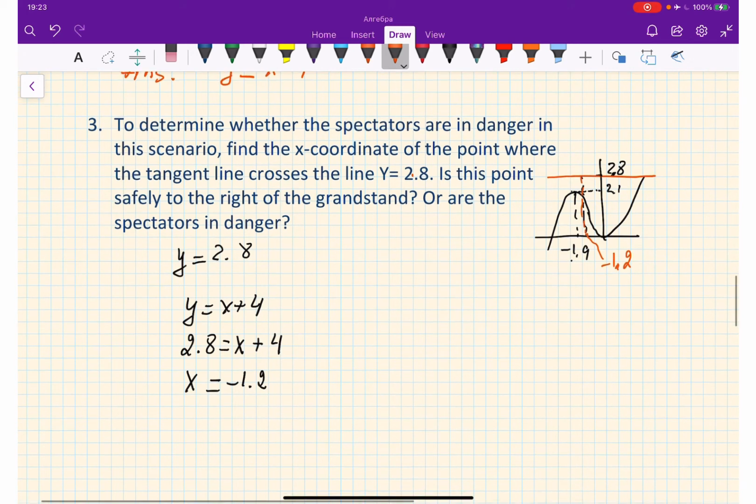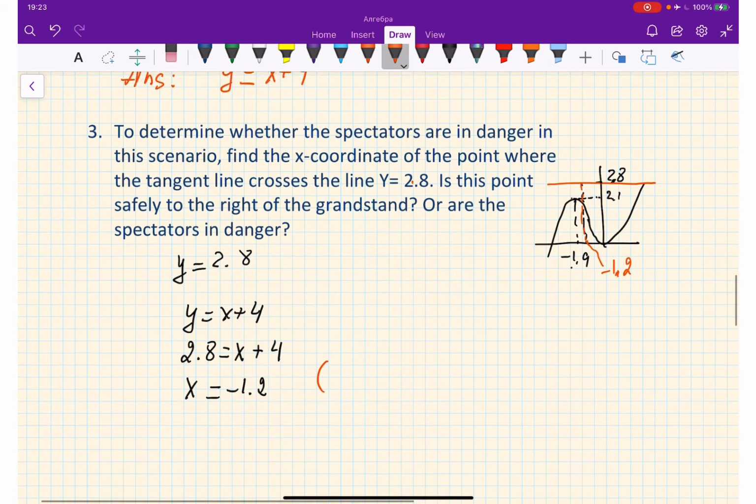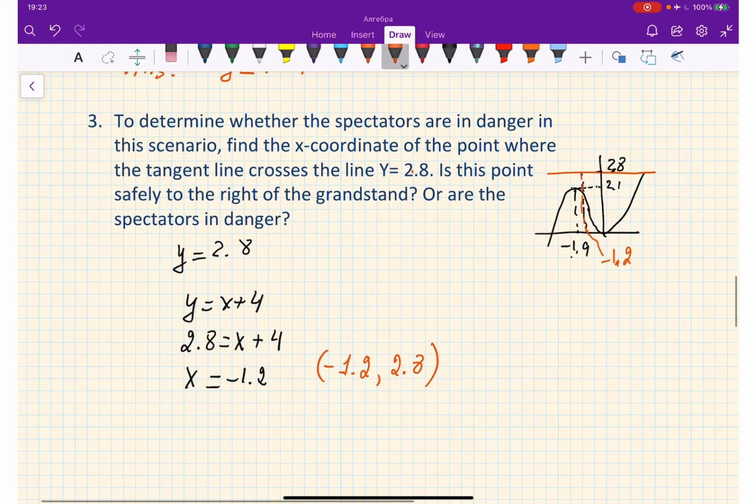So this point is safely to the right of the grandstand, which means x negative 1.2 and 2.8 is a safe point to turn to the right.